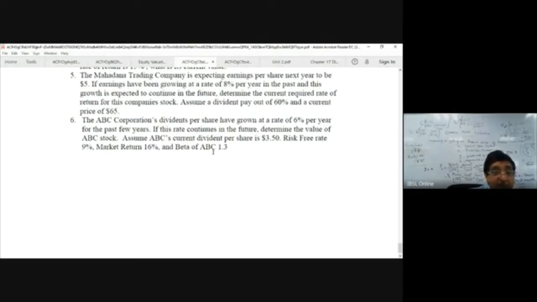But some data points were given in order to calculate it. Can you see that? Because the beta is given, market return is given, and the risk-free rate is given, you will be in a position to calculate the equilibrium rate of return. That is the required rate of return.